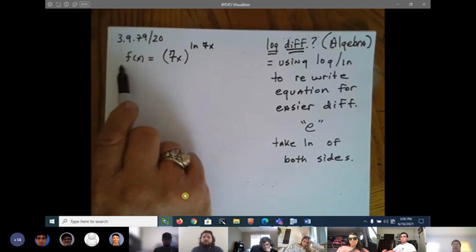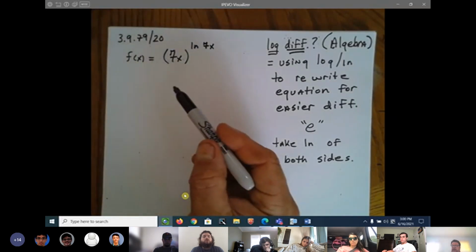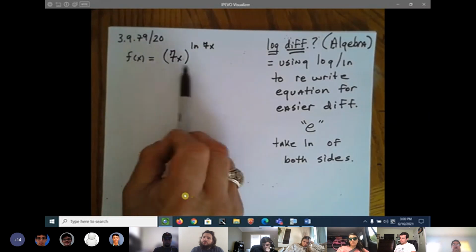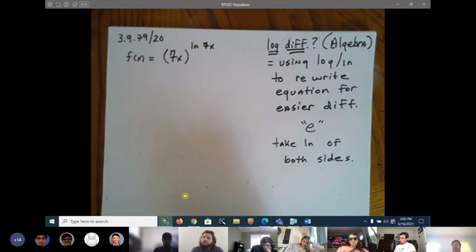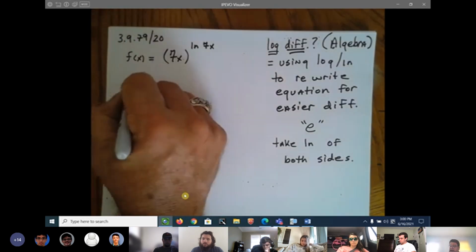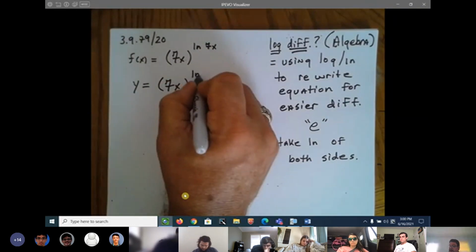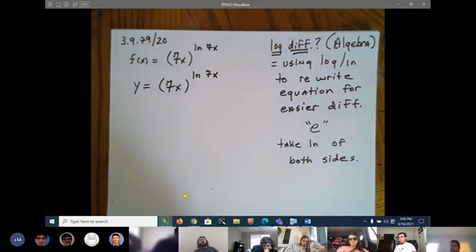Change f of x to y, because f of x doesn't work very well. Just get it in exponential terms and logarithmic terms, not differentiate. Just see what you can do with it. I'll start you off. Y is equal to 7x raised to the natural log of 7x. Now take the natural log of both sides.